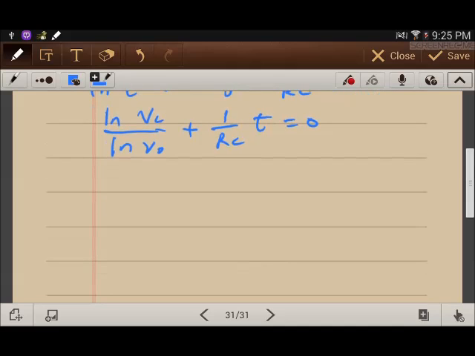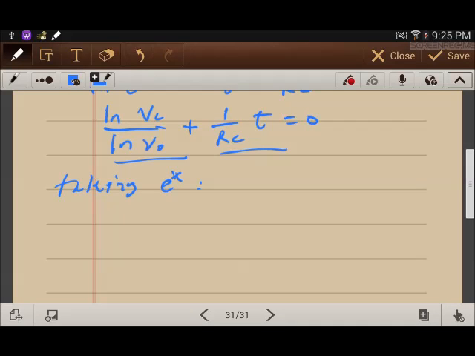So taking the exponential function to both sides of the equation here, the ln will go with the exponential function.